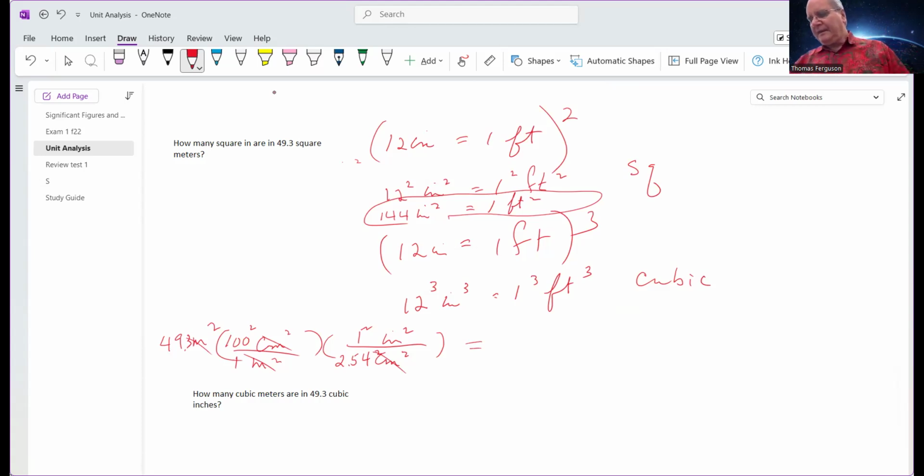All right, so we're going to go 49.3 times 100 squared times 1 squared divided by 254 squared. All right. So we're going to go 49.3.